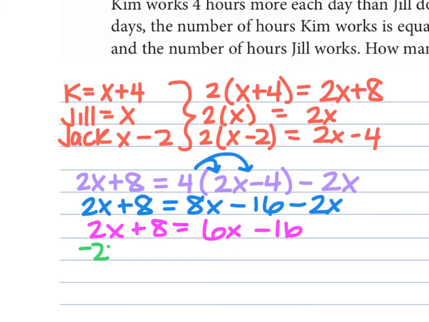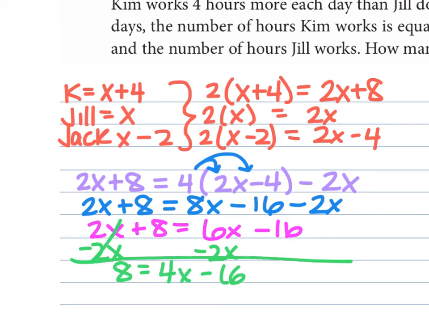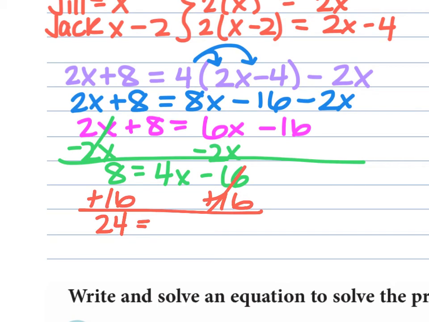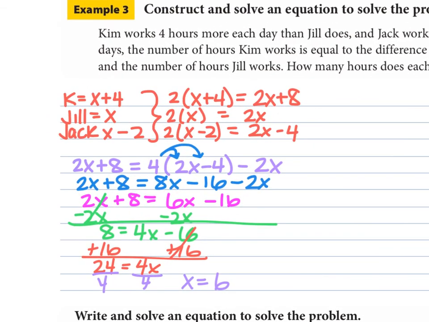We're going to move that 2x over by subtracting it from each side and be left with 8 is equal to 4x minus 16. And then we're going to add the 16 to both sides to get 24 is equal to 4x. And then divide each side by 4 to get that x is 6. So now with this, you're plugging it into the original expressions that we did for each of them.